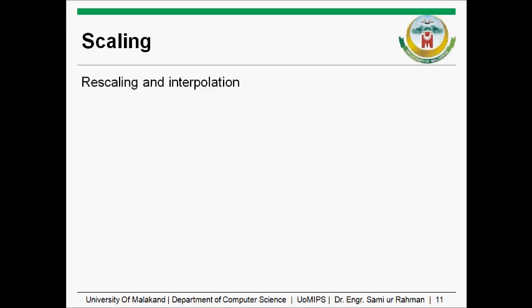I am not sure whether stretching is the suitable word, but we will see. Okay. So the scaling is your object image will scale by a number of pixels. This is what we are interested in, and we are discussing this.